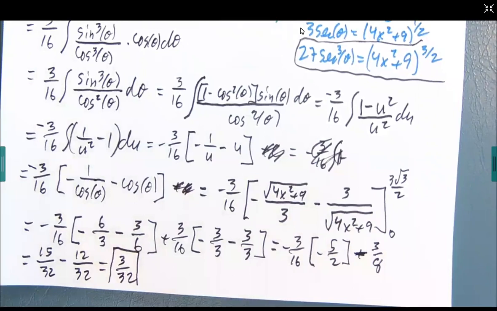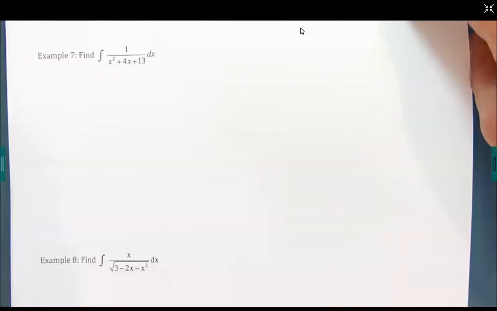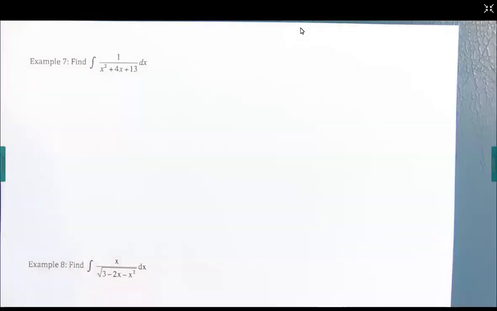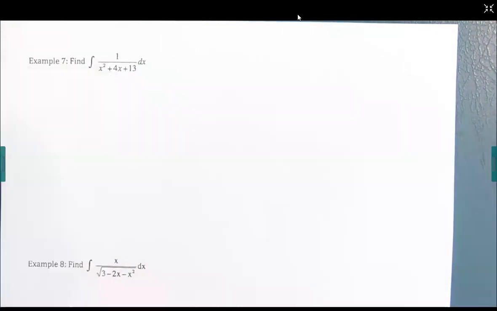All right. Whew. All right, so let's move on to example 7 here. And this is going to take us sort of in a new direction. I need us to recall something called completing the square for this one. And that's going to involve taking that number 4 there, cutting it in half, and then squaring it.